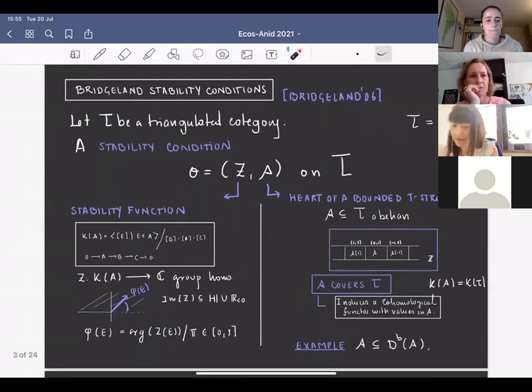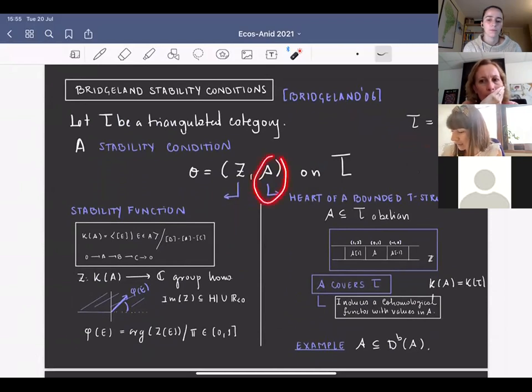Then I'm going to start with the definition of a Bridgeland stability condition, because we're going to work mostly with Bridgeland stability conditions. T is going to be a triangulated category. We can always assume it is the bounded derived category of an abelian category; in our case, that's going to work quite well. A stability condition has two components.